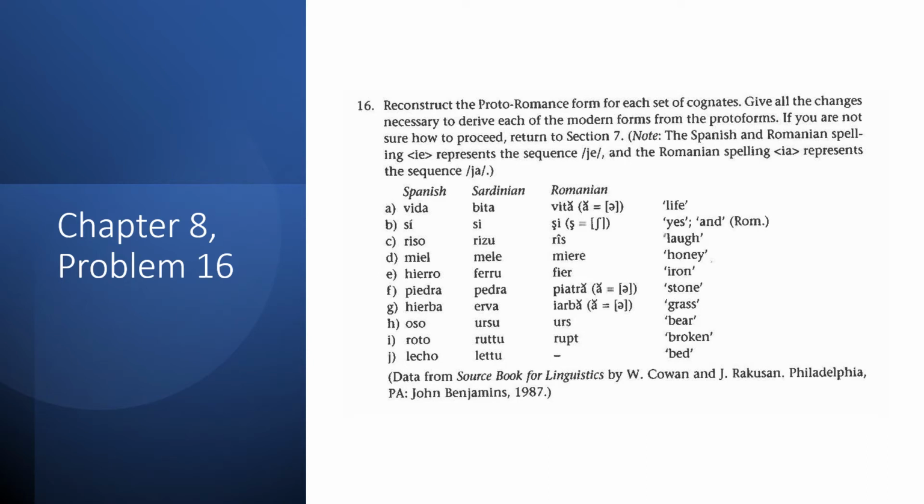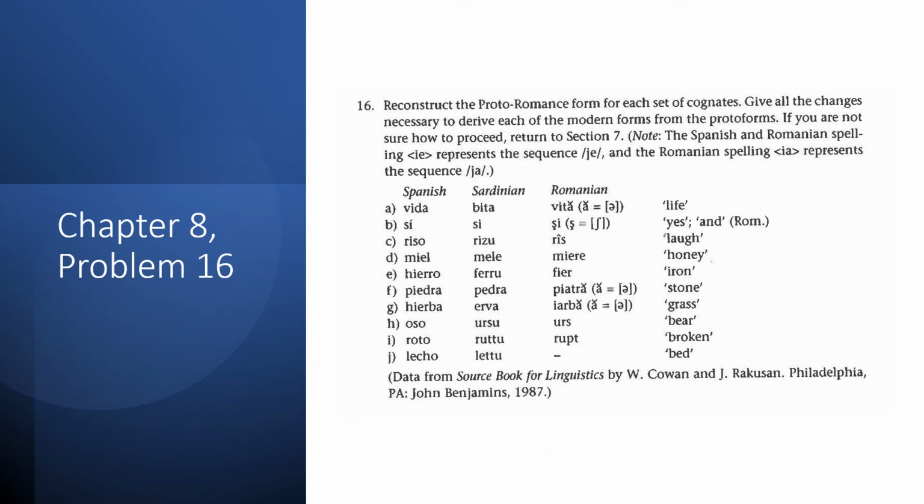Okay, so what does all this mean? Well, it means we have cognates from Spanish, Sardinian, and Romanian that are clearly very similar in that they take similar forms and mean the same thing, which means that we can assume that these three languages share a proto-language.